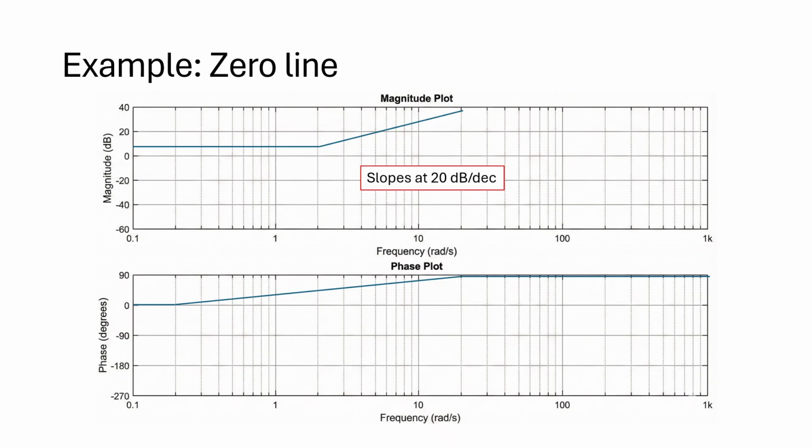And so we plot those out, first the zero line. For our zero and the magnitude, we see that it's flat until omega is at 2.